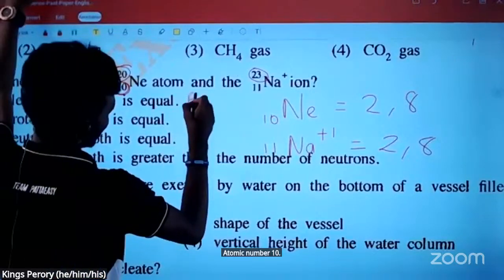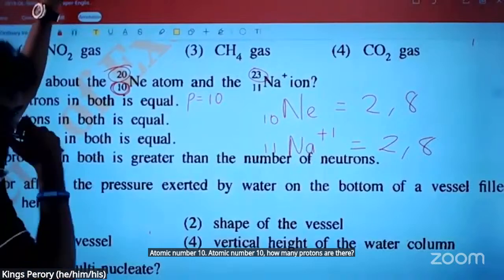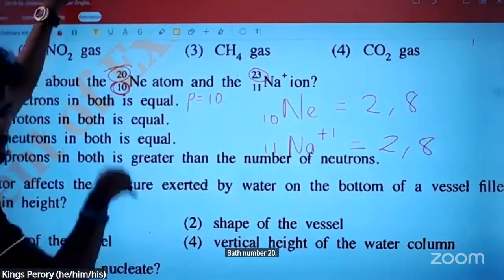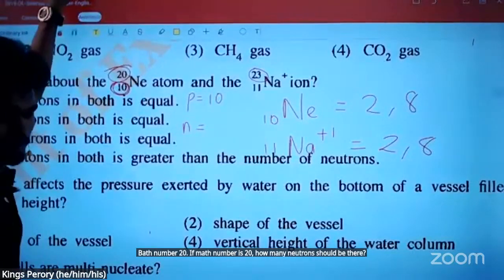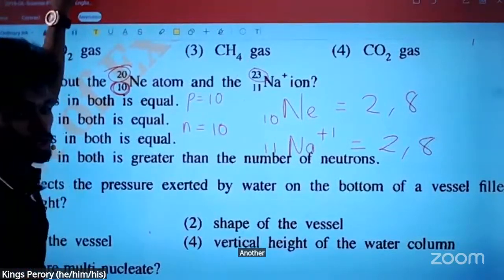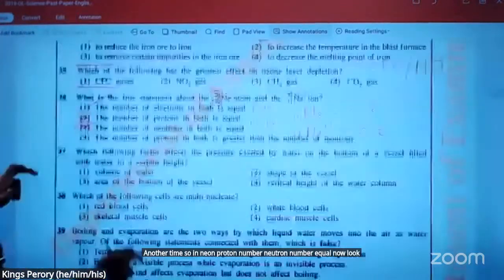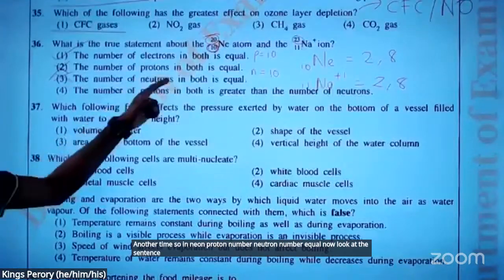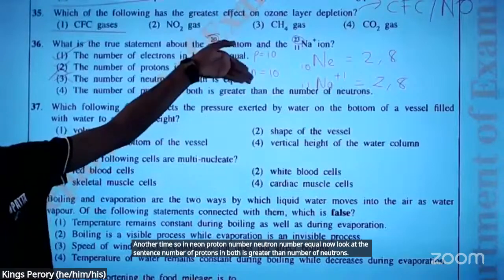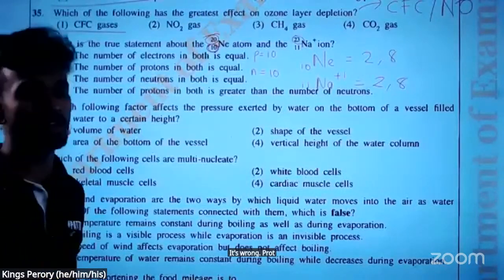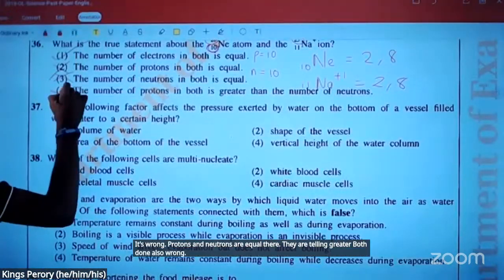How many protons are there? 10. Mass number 20. If mass number is 20, how many neutrons should be there? Another 10. So in neon, proton number and neutron number are equal. Now look at the sentence: number of protons in both is greater than number of neutrons. For the first one it's wrong. Protons and neutrons are equal there, and they are telling greater. Wrong. Both are wrong. Answer is answer 1.